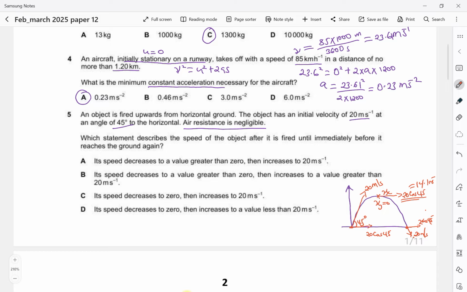So that means the velocity in the vertical decreases to 0, and then it increases back to its original value. Remember, in the vertical, the velocity component at the point of projection is 20 sine 45, which goes on reducing until the highest point.